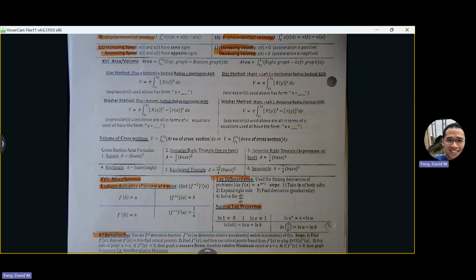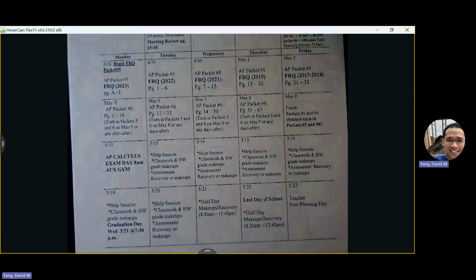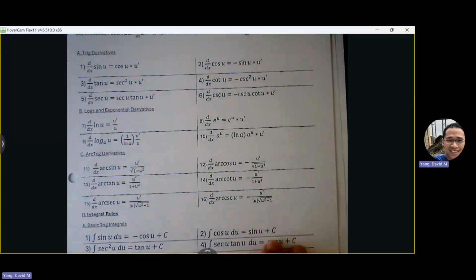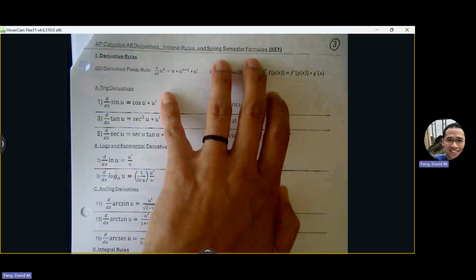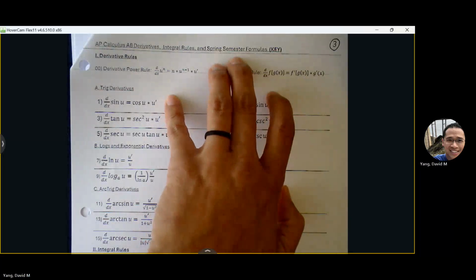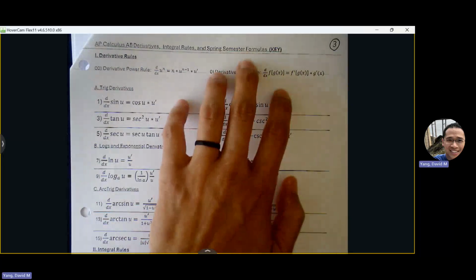Okay, moving on to our packets. Oh, sorry. The rest of the packet has just formulas. This is the formula sheet that I graded as a quiz.